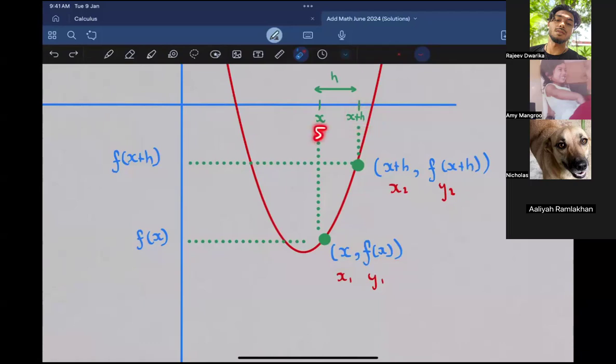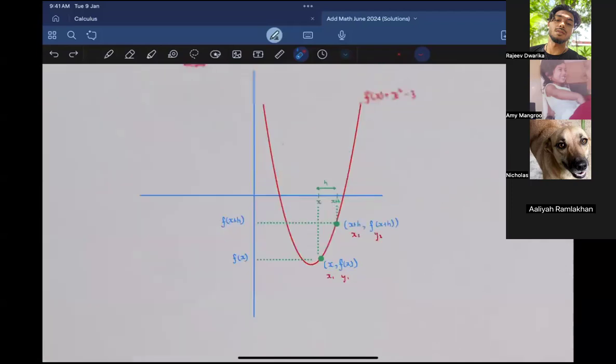If this was five, and I tell you the distance from here to here is two, what is it going to be? 5 plus 2, which is 7. So if this is x and the distance is h, it'll be x plus h. And if the x value is x plus h, the y value will be f of x plus h. So we have the coordinates.